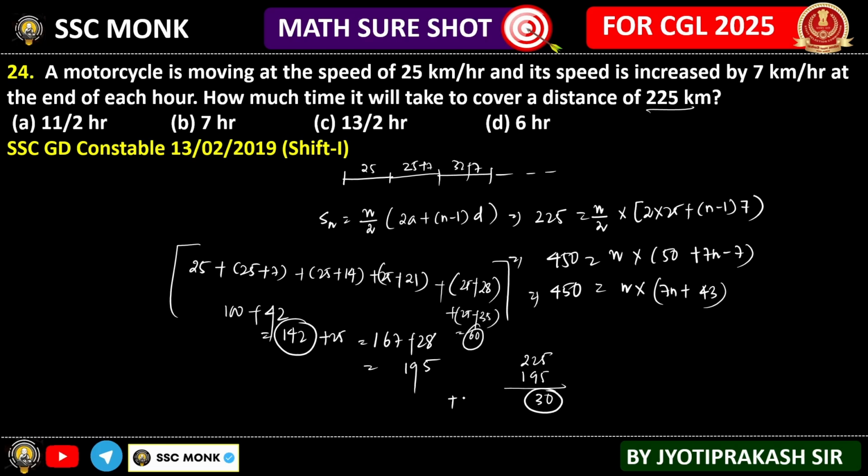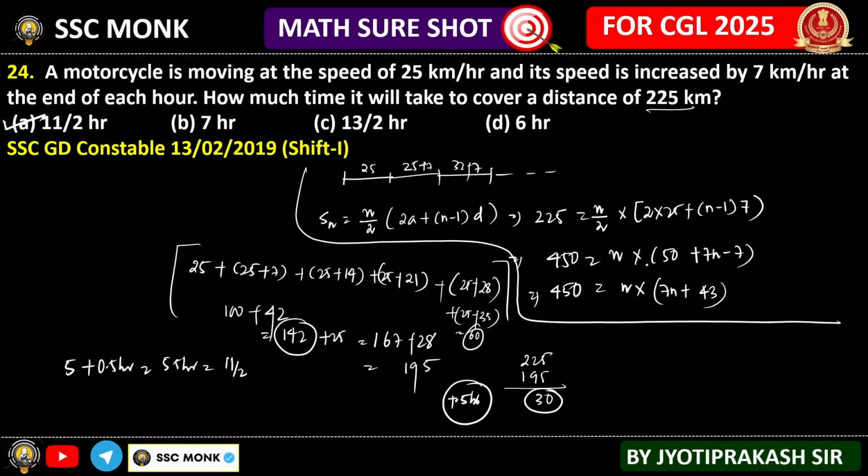So it will take 0.5 hours. So total time is equal to 5 hours plus 0.5 hour, that is equal to 5.5 hours, or you can write 11 by 2 hours. Answer option A. In both ways you can find your answer. Here you have to try it out. Here you can use your brain.